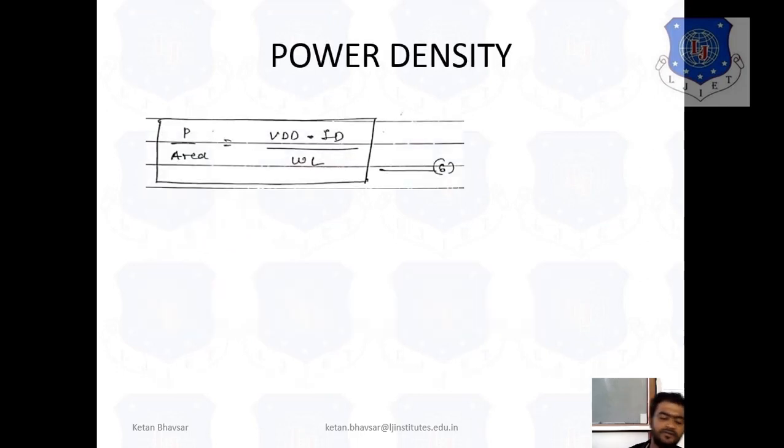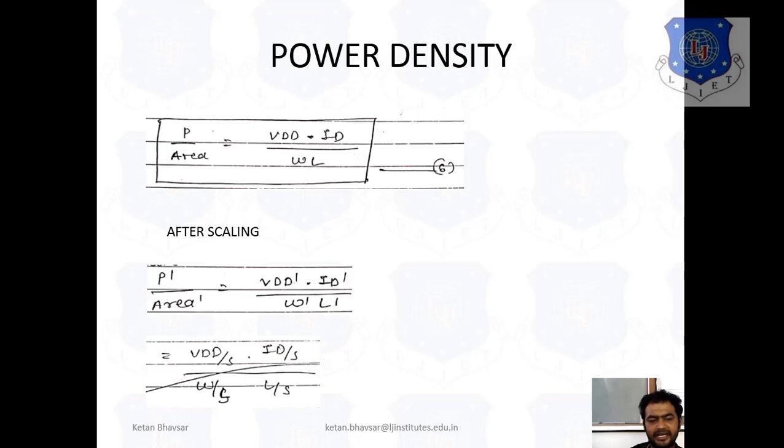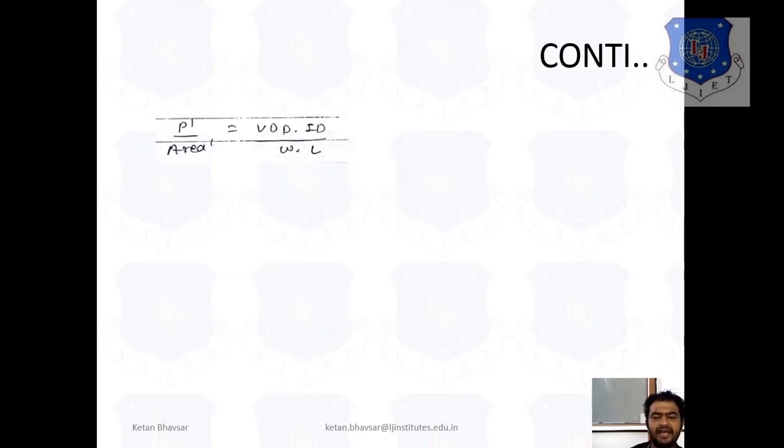Now power density. For calculating the power density, we have to take an area. So power divided by area is equal to VDD into ID divided by W into L, because here the area we can consider as W into L. Similarly we apply here VDD dash, ID dash, W dash, L dash. Similarly all are scaled down by factor S. So finally you get the power density constant because all S will be cancelled out.